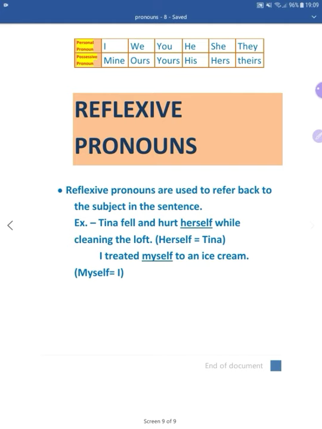As you can see in the example, Tina fell and hurt herself while cleaning the loft. So herself is being used for Tina, and since Tina is the subject of the sentence, herself is the reflexive pronoun. Now you can see another sentence: I treated myself to an ice cream. So myself is the reflection of I, and that's why it is a reflexive pronoun.